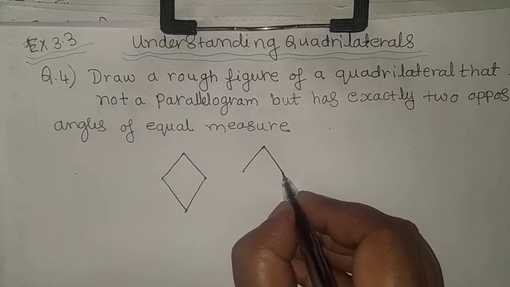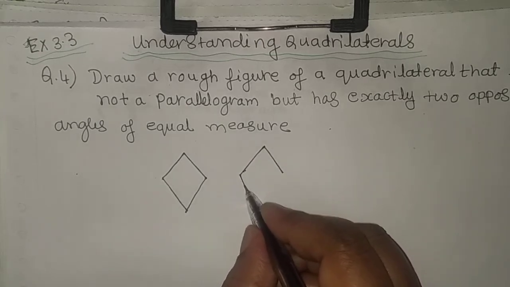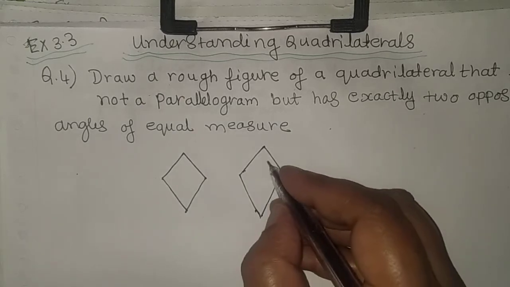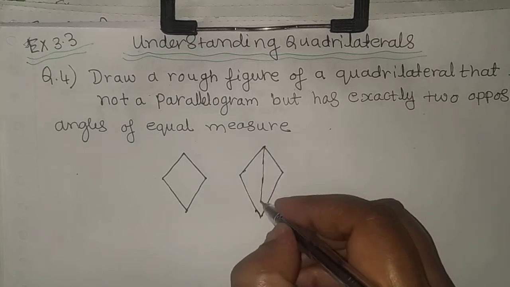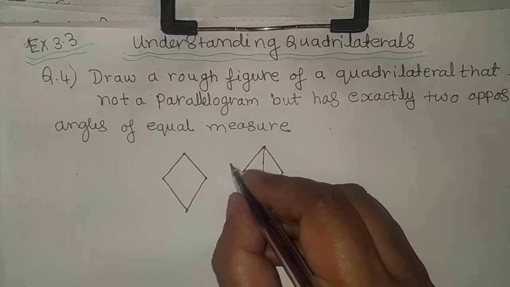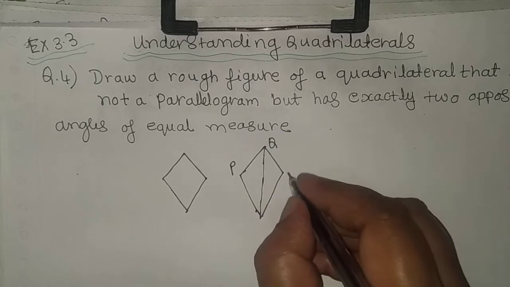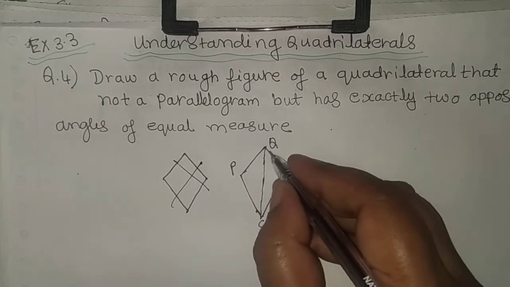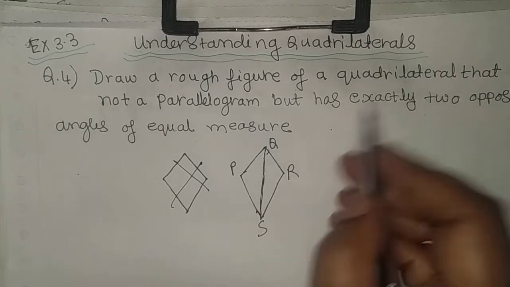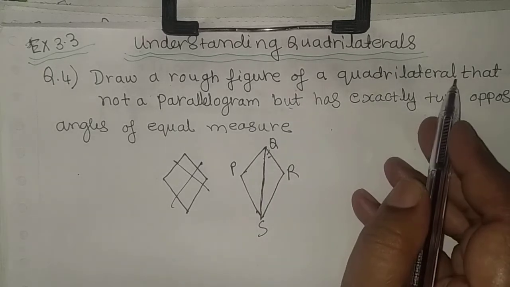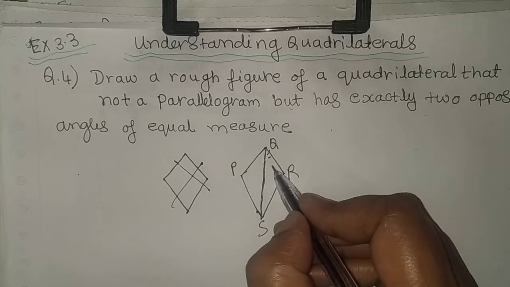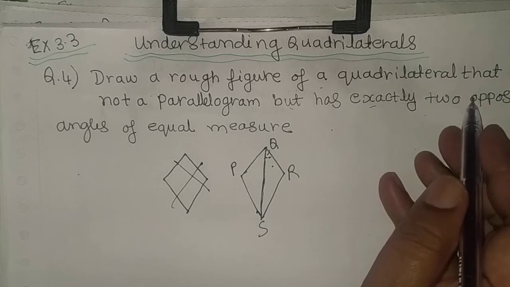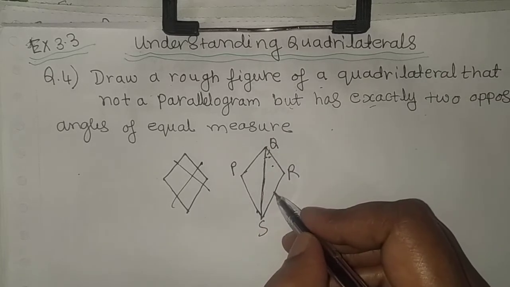It may be like this. Once again I'll write. This will be like this, and this may be the diagonal, P, Q, R, S. So this is the diagram as they've asked. This is a rough figure which is not a parallelogram but it is a quadrilateral. Exactly two opposite angles are equal in measure.